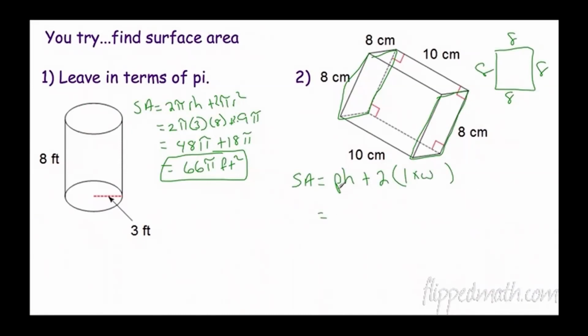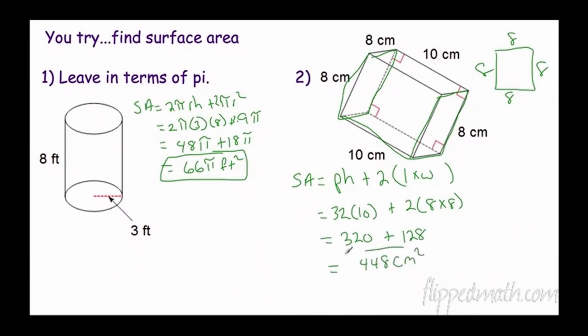So what is the perimeter of the base? 8 times 4 is 32, times the height, the length that connects them, which is 10, plus 2 times length times width, 8 times 8. 32 times 10 is going to give us 320. 2 times 8 times 8 is going to give us 128. Add them together and we get 448 centimeters squared.